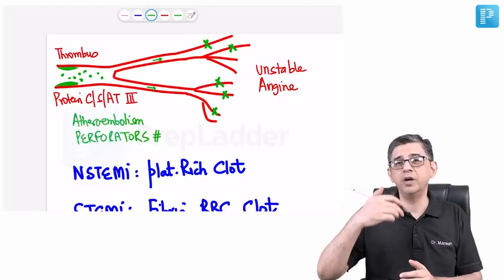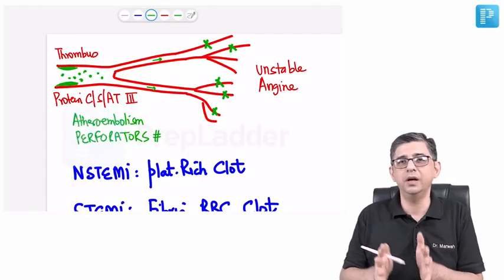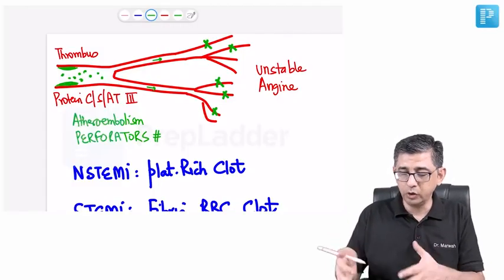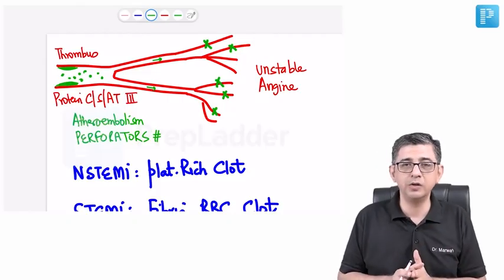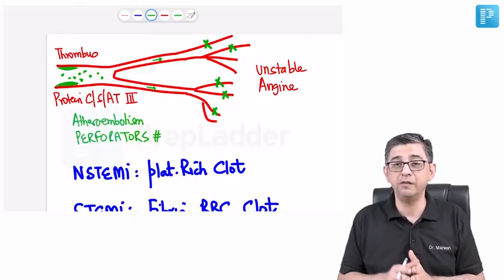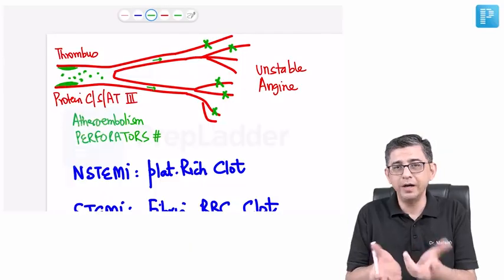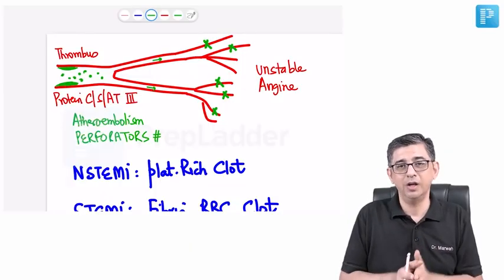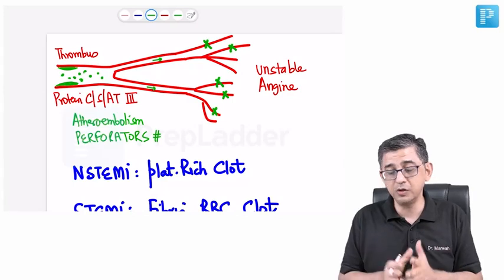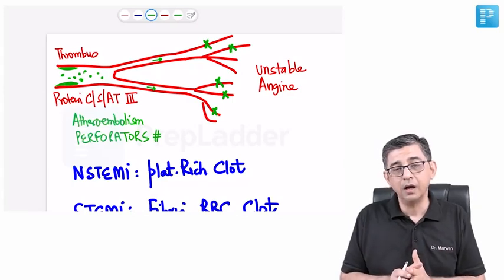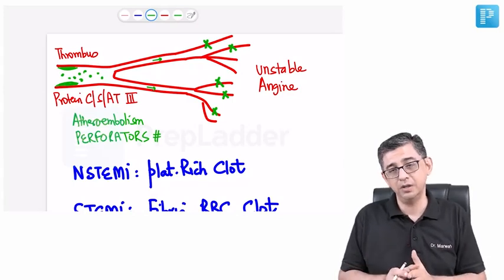Just to see that you and me are on the same frequency, think logically: if a doctor does thrombolysis in this case, if you start giving streptokinase or alteplase to this patient, the thrombus is already disintegrated, no? If you give a thrombolytic drug to this patient, it will break this clot into further small pieces and cause deterioration of the patient.